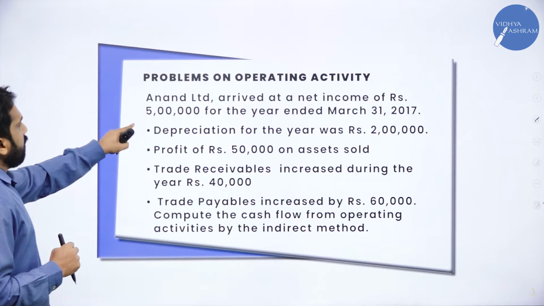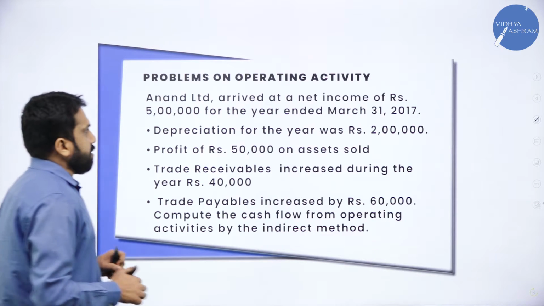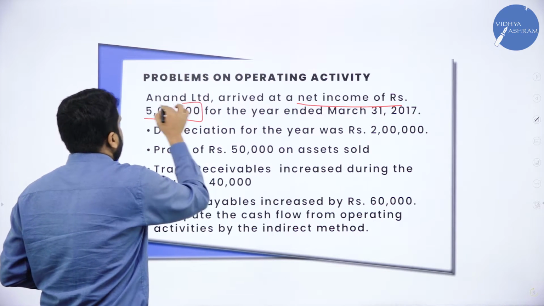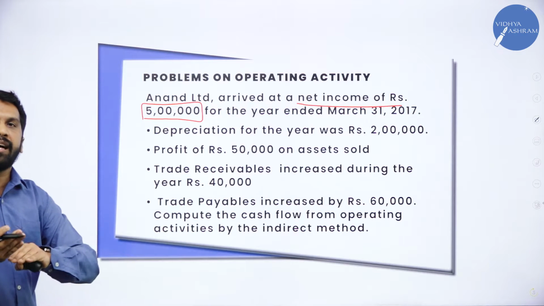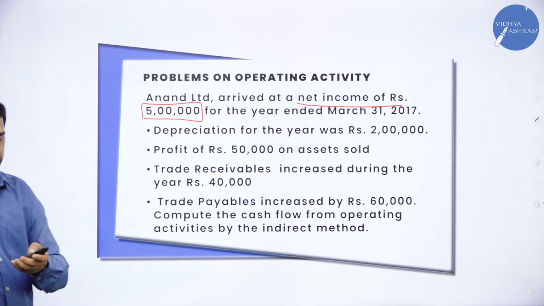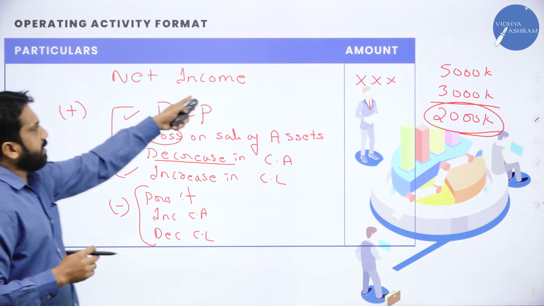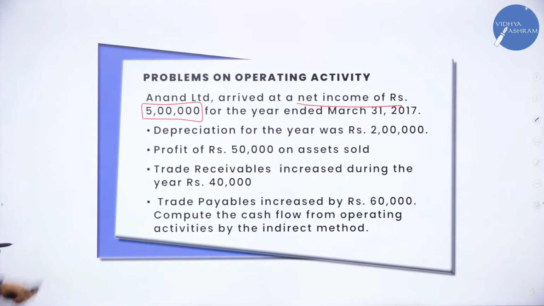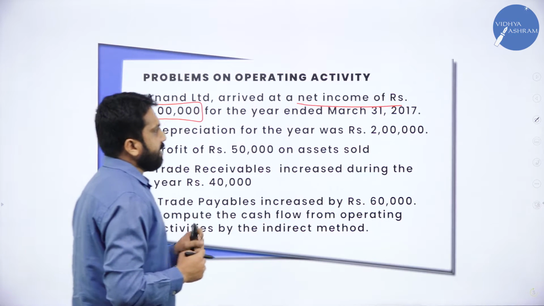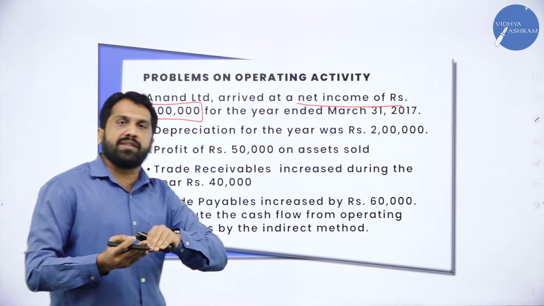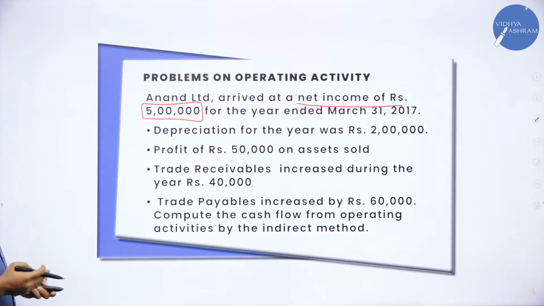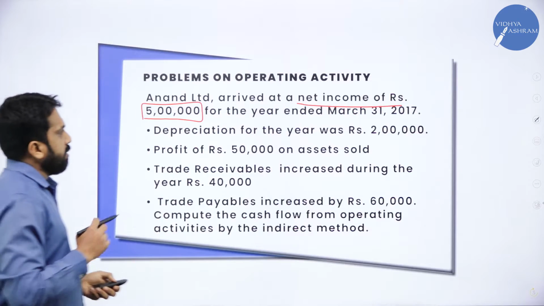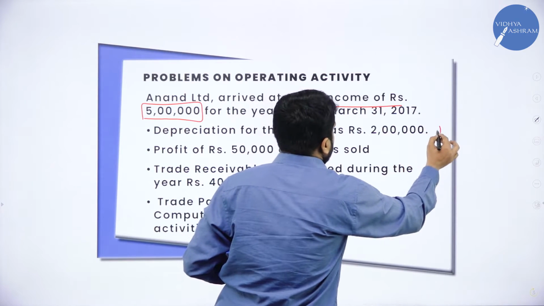Now, Anand Limited. What is the net income? Net income is 5 lakh. As I told you, we'll go back to your format. Depreciation for the year: as per the format, depreciation means add.